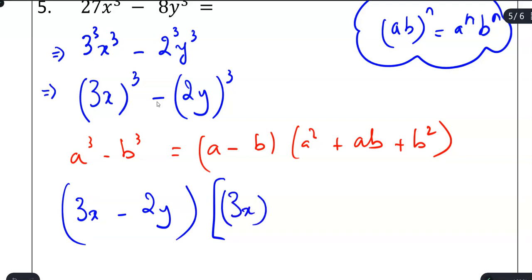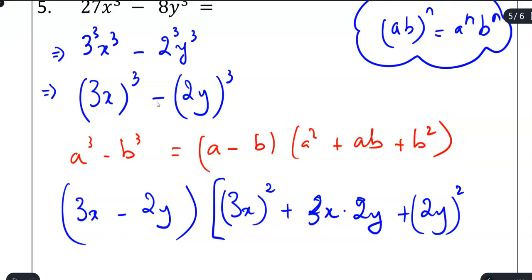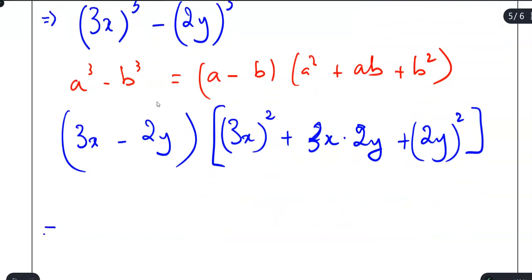Don't forget to square the entire 3x, plus 3x multiplied with 2y, plus (2y), all of it squared. So the final statement should be this.